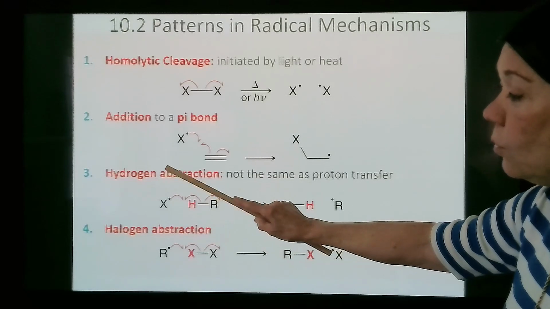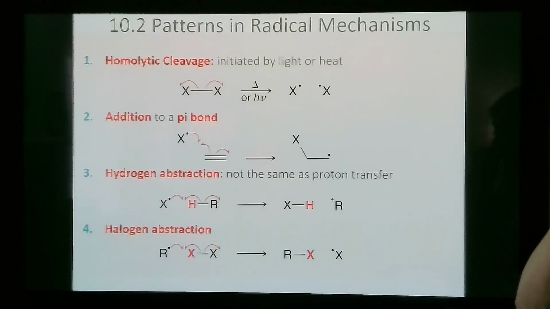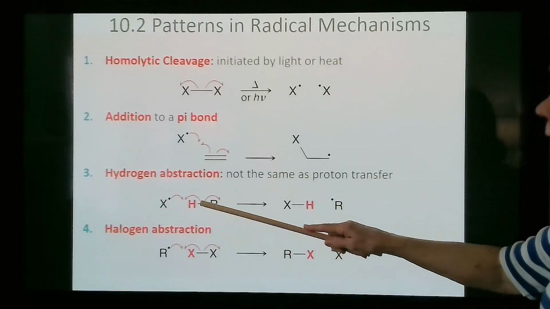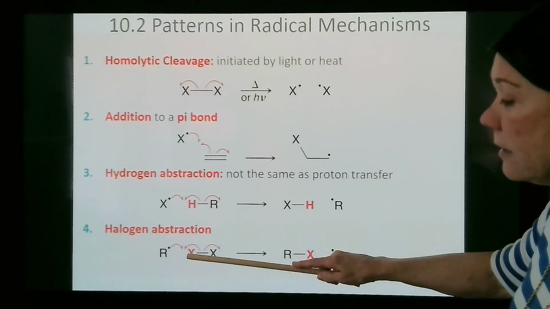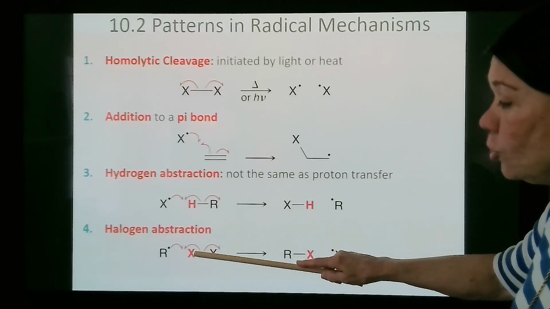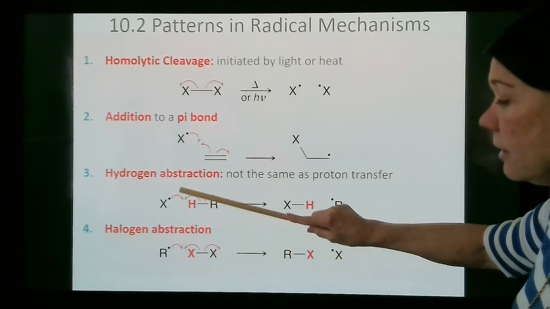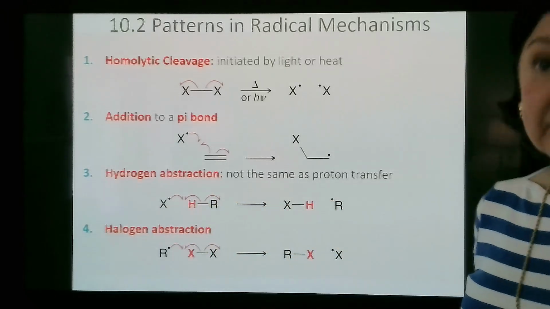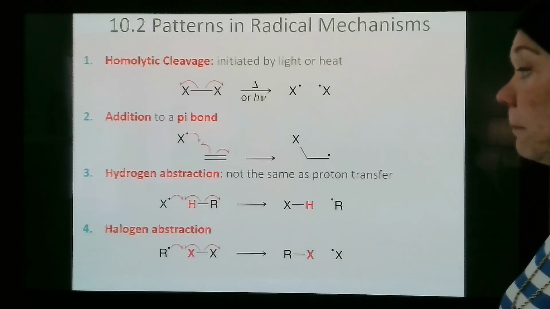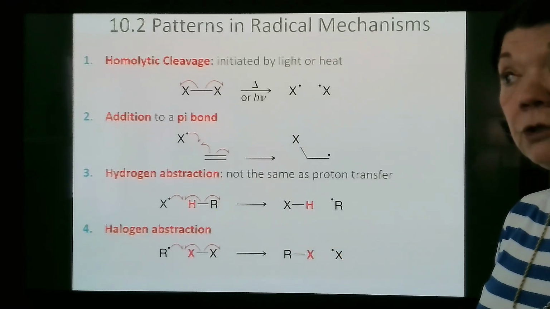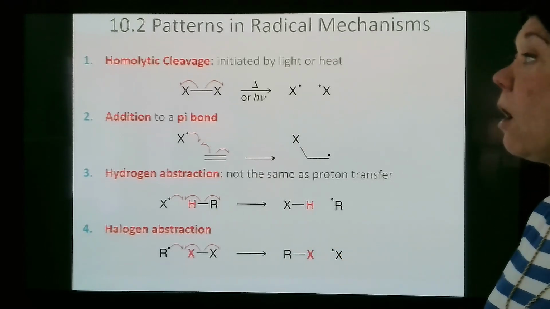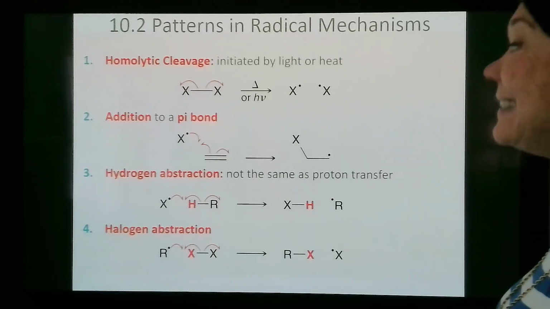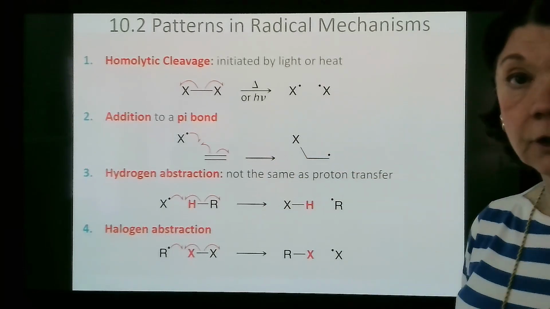So these 2 will be easy for you to remember, because here you're doing a hydrogen abstraction, down here you're doing a halogen abstraction, and they're very, very similar. You need to look at these. If it's not already obvious to you that they're similar, you should look at them until you realize that they are similar, because you're going to have 6 different reactions here.